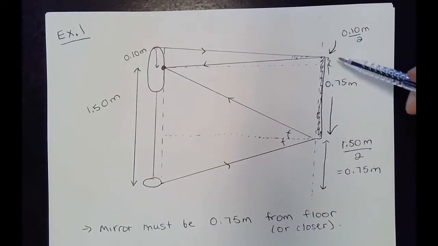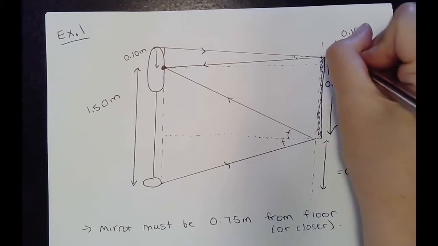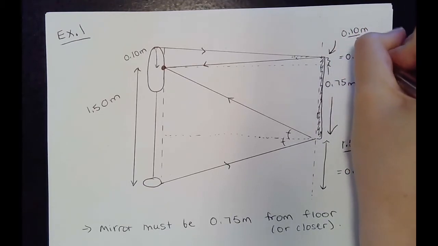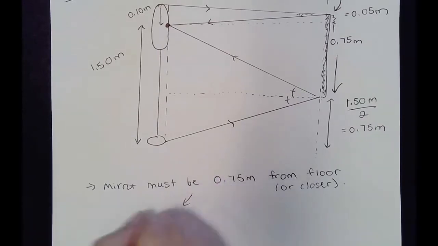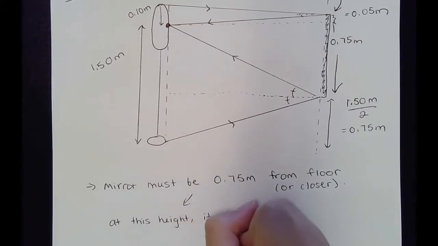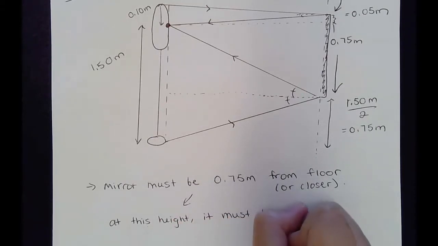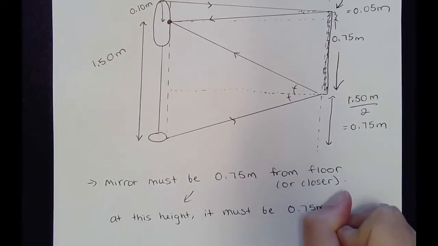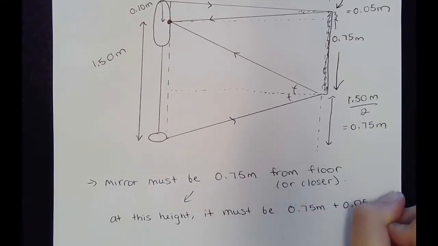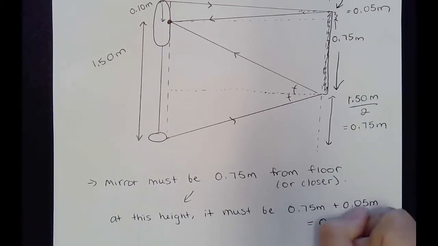So we want the other half of this distance, which is 0.05 meters. So our total length is 0.75 meters plus 0.05 meters, which is 0.8 meters long.